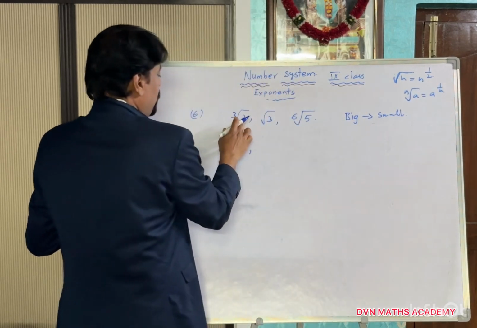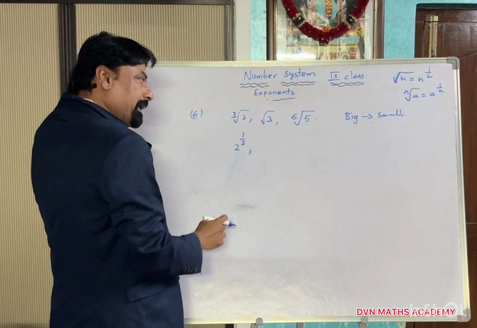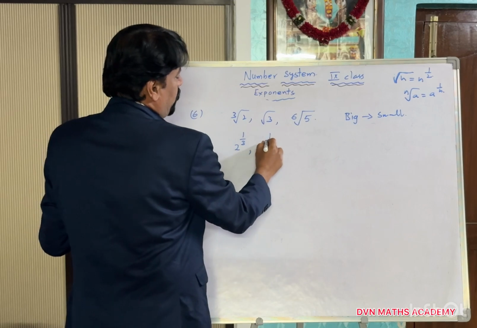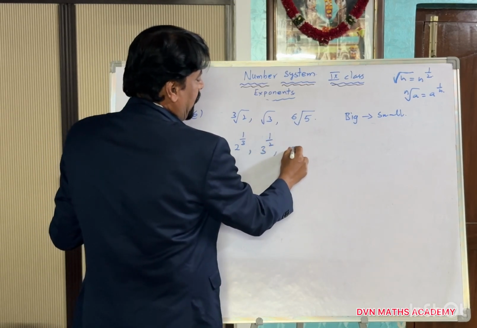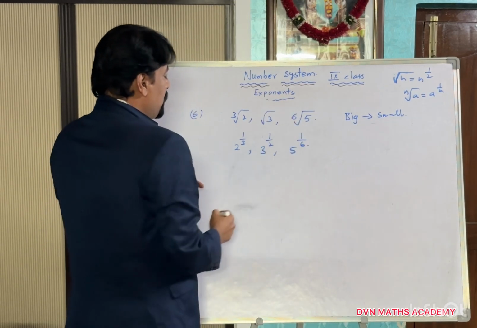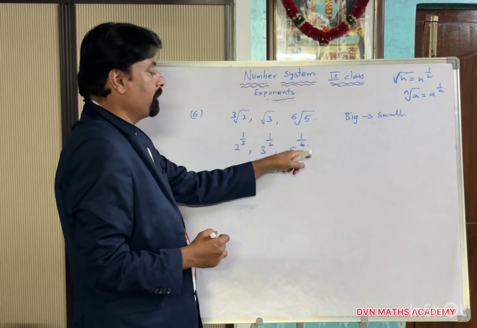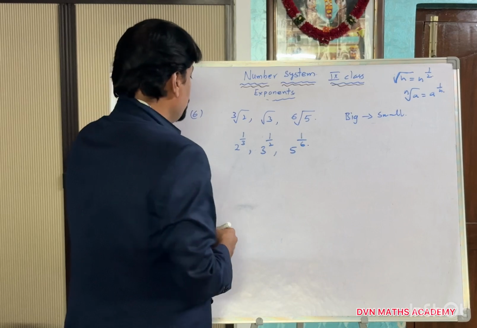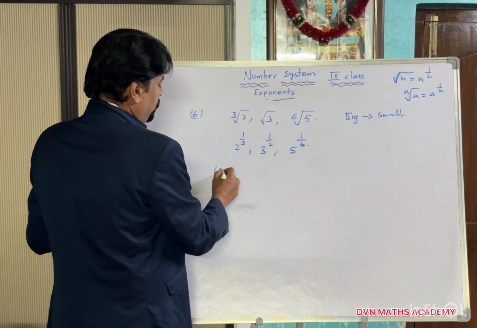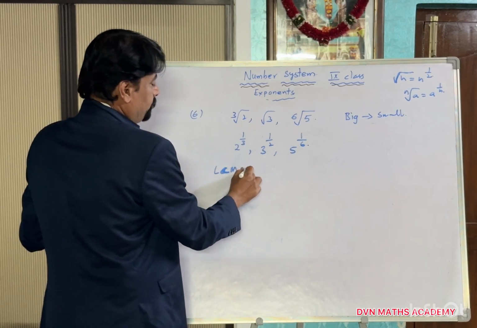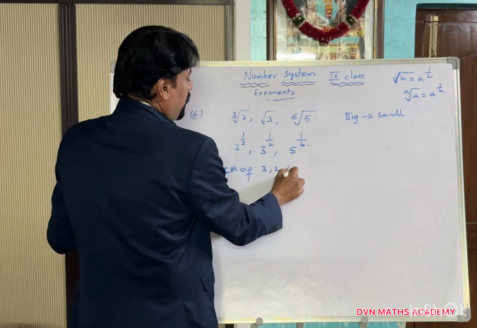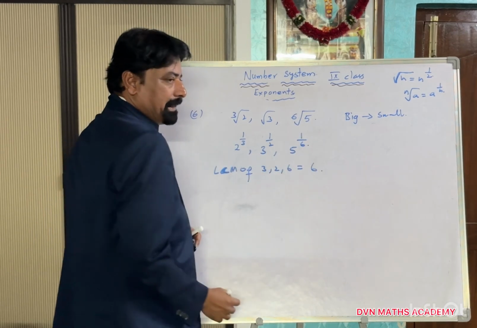So that's why this third root of 2 I can write as 2 to the power of 1 by 3, this I can write as 3 to the power of 1 by 2, and this I can write as 5 to the power of 1 by 6. So the powers are 1 by 3, 1 by 2, and 1 by 6. Now go for the LCM of 3, 2, and 6, which you know is 6.